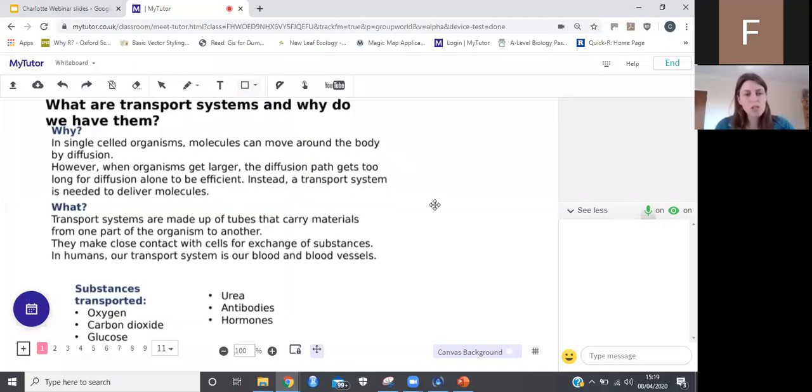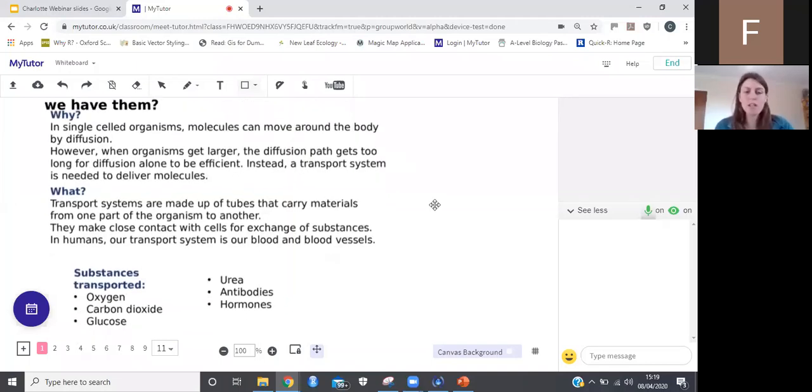Transport systems are made up of the tubes that carry materials from one part of the organism to another, and they make close contact with cells for exchange of substances. It runs in a network of veins, arteries and capillaries, which we're going to talk about later, all around our bodies, and allows the molecules that we need to reach every cell, so that every cell is supplied with the nutrients and the oxygen that it needs for respiration and any other function that is taking place.